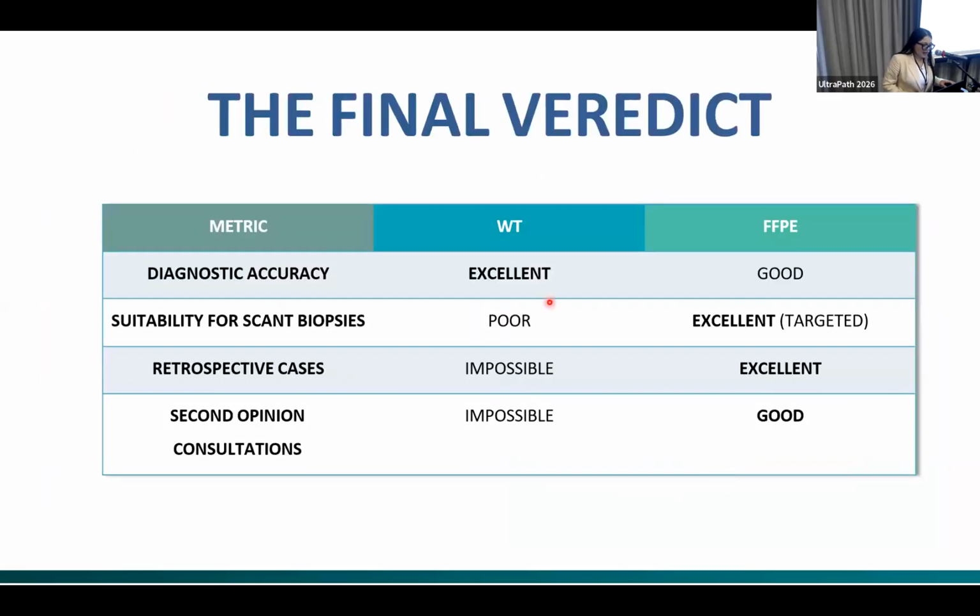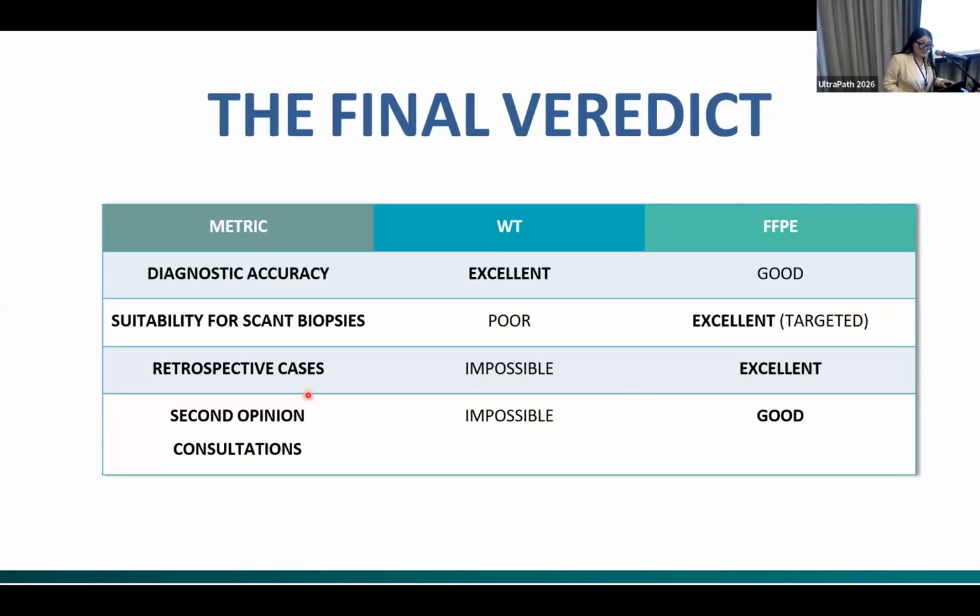In this chart, we can see all the pros in these two groups. For diagnostic accuracy, the wet tissue is always going to be the best option. But for small specimens like biopsies, the FFPE is an excellent option.